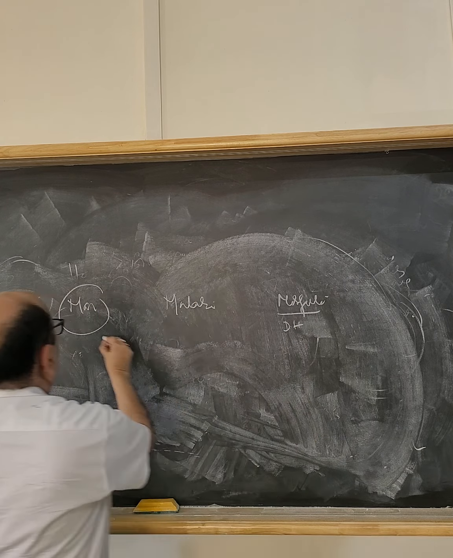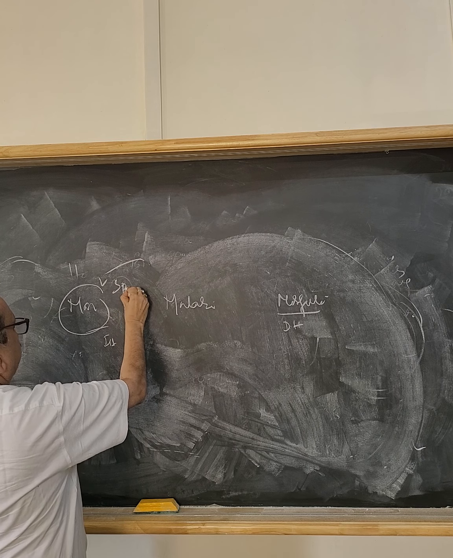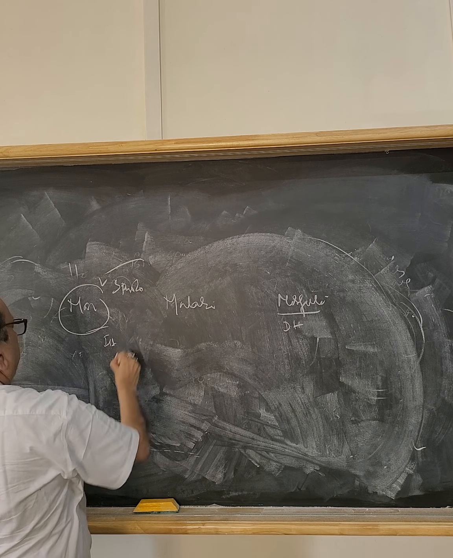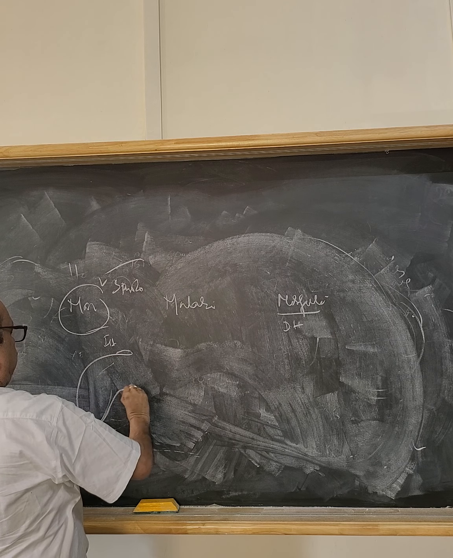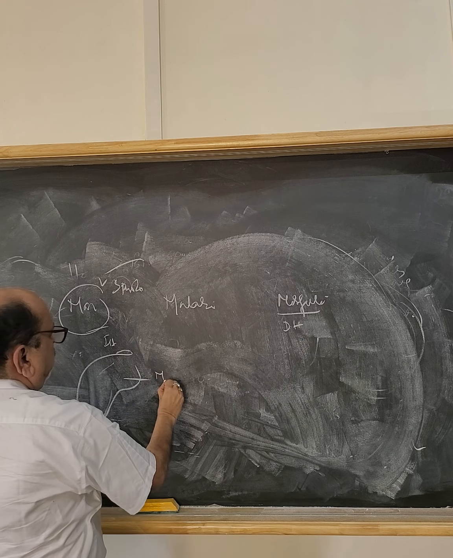Man is the intermediate host. Man gets infected by the bite of the mosquito. Sporozoites go to the liver and multiply.